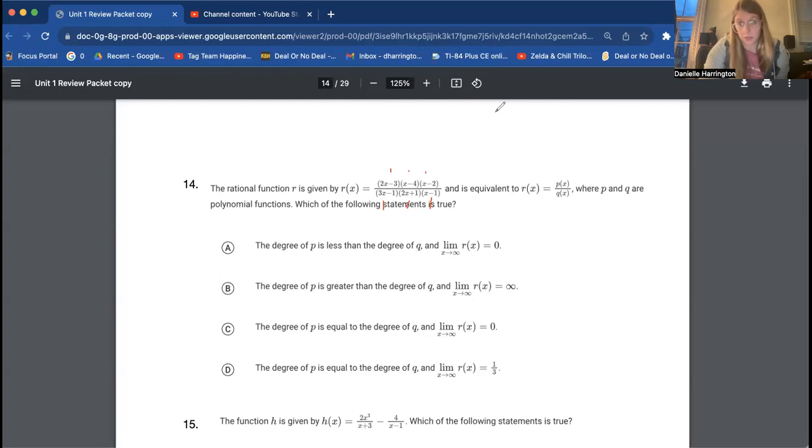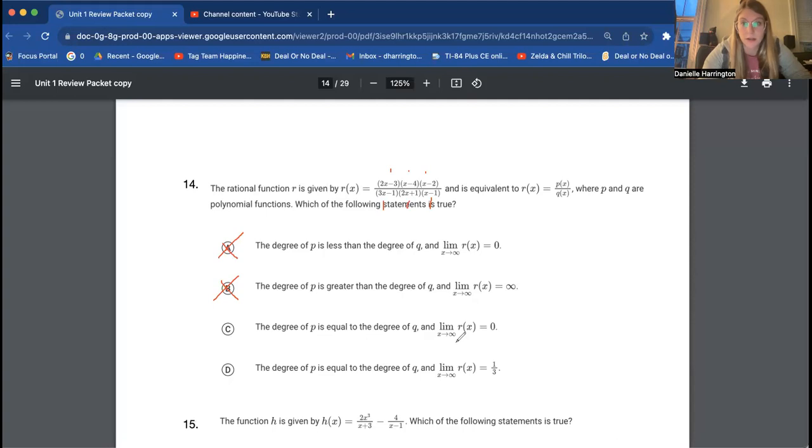So the degree of the top is 3. The degree of the denominator is 3. So that's not true. The degree of p is greater than the degree of q? No, we just said they're the same. So now, even if you don't know what you're doing, you can at least figure out that the degree of the numerator and denominator are the same. And now you got a 50-50 chance.